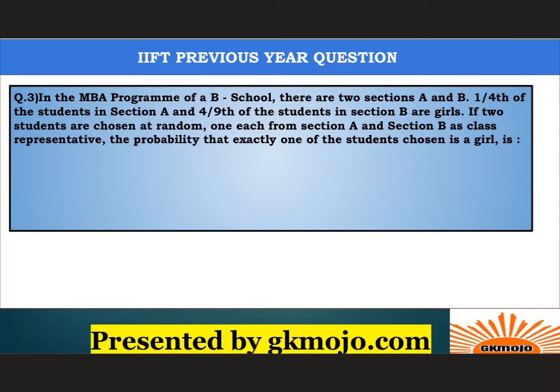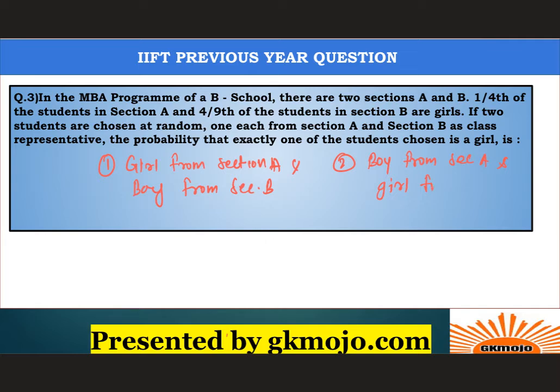So the two students can be selected in two ways, girl from section A and boy from section B, right? First probability is girl from section A and boy from section B, right? And second probability will be boy from section A and girl from section B, correct?